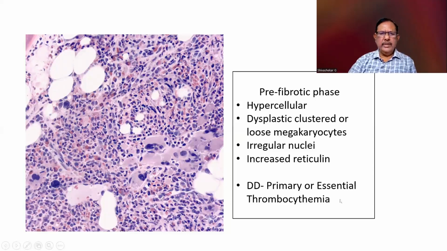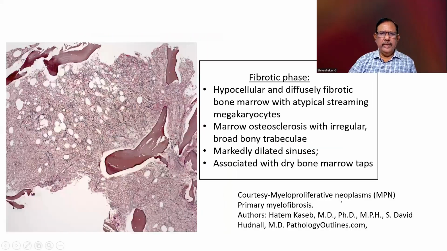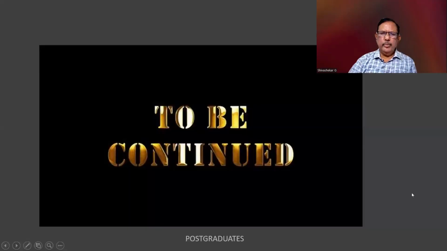So there is an increase in megakaryocytes. Whereas in the later stages, it becomes hypocellular and is replaced by fibrosis. Bone marrow osteosclerosis is there. Irregular bony trabeculae are there predominantly. And a dry tap will be very, very common. Courtesy for this particular reference, a superb set of pictures that he had given to us. Authors, Kasib and David. To be continued.